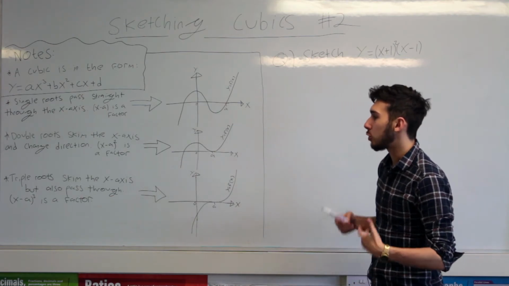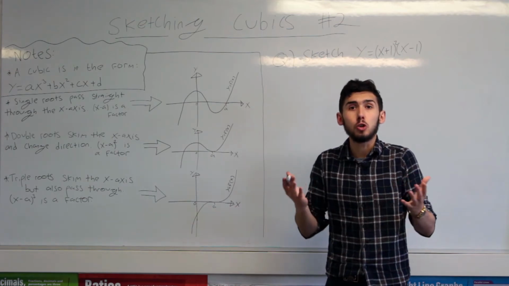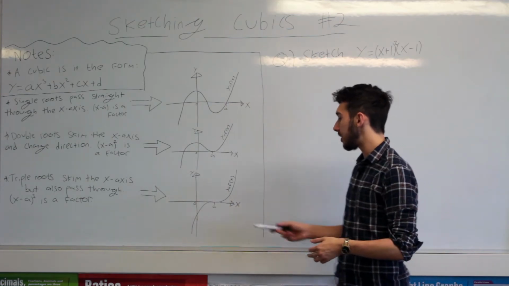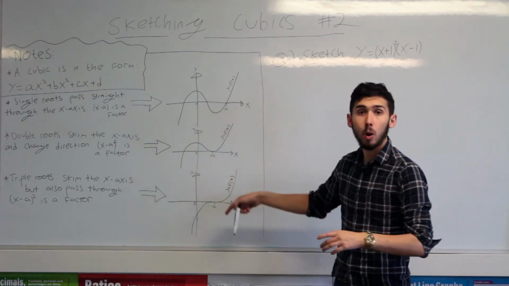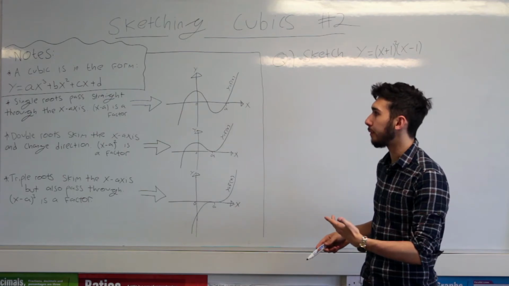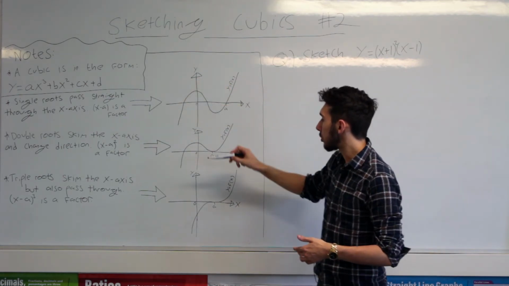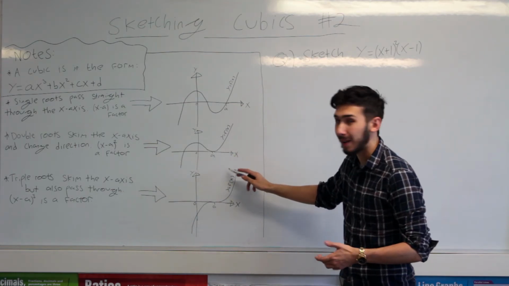Finally, if we have a triple root, which is some x minus a cubed, then we have this monstrosity, which is essentially, when we are coming either up or down, these are all positive a coefficient cubics, by the way. These all could be starting down. So for example, you could have a double root that comes up, skims, and then comes back down again.